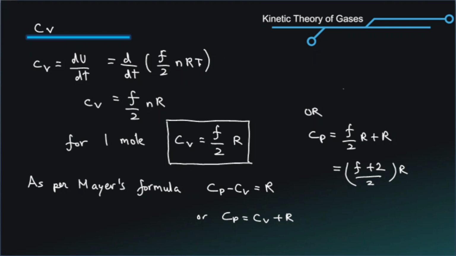This is something you can very easily do. You know, d by dT of T to the power 1 is equal to 1 T to the power 1 minus 1, that is equal to 1. So basically CV equals F/2 nR.